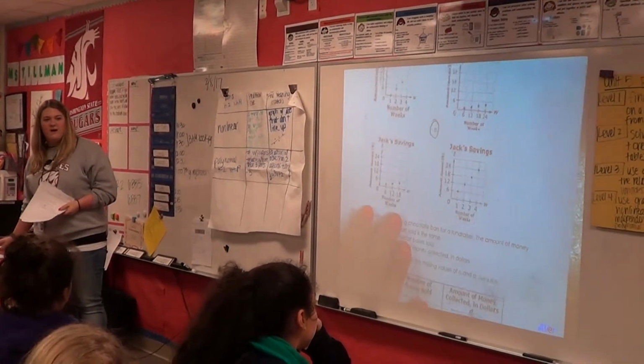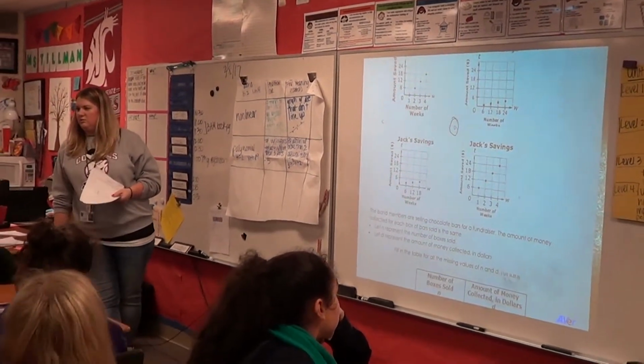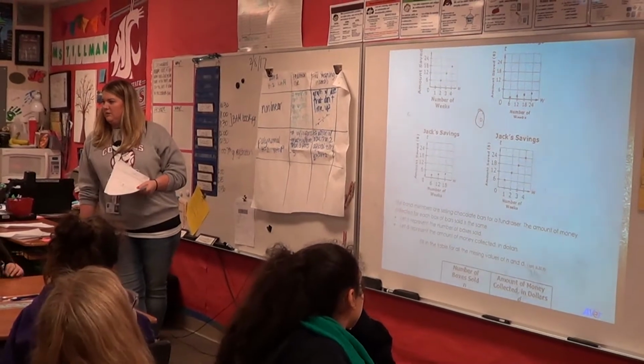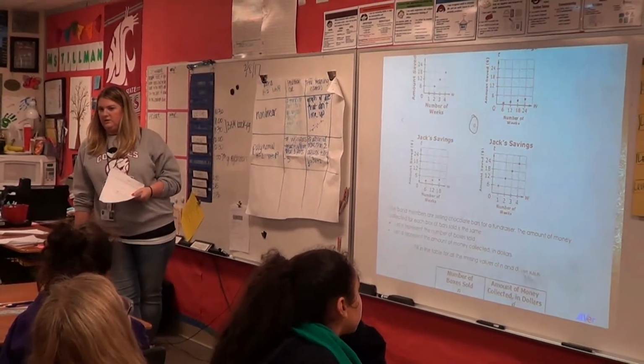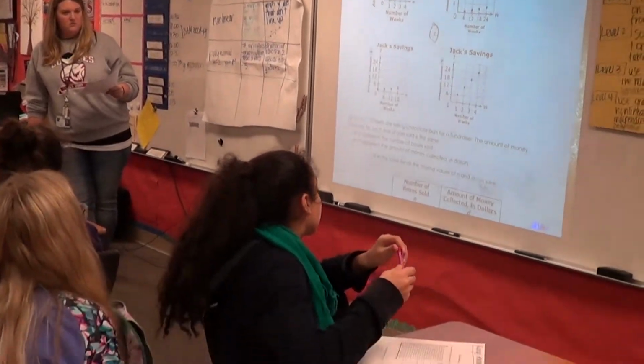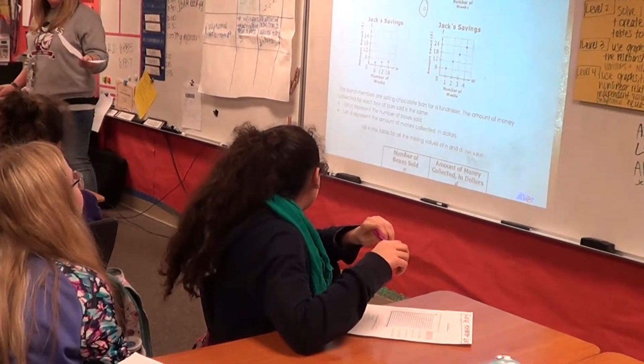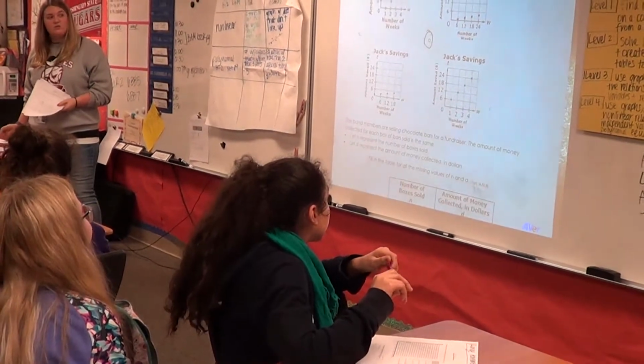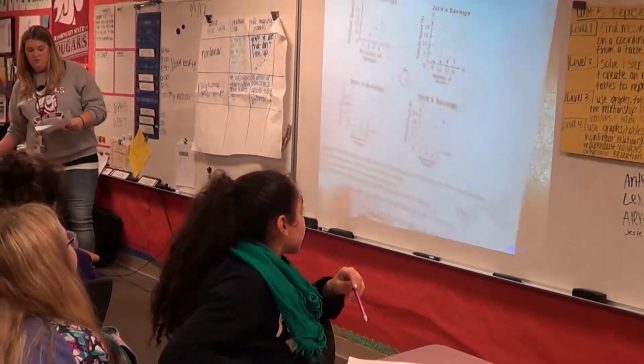Okay, why was this one chosen as level 2? Javiana? Yeah, you had to use graphs and tables to represent the relationship.